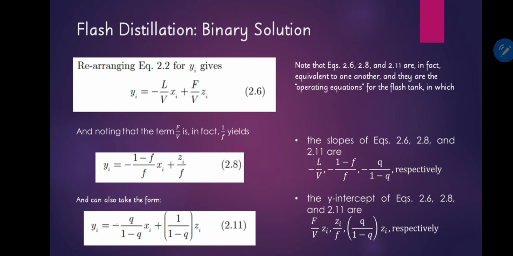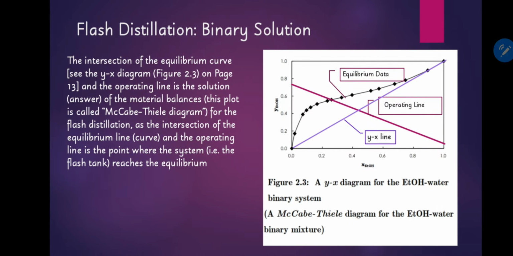And for equation 2.11, that would be negative q over 1 minus q respectively. And for the y-intercept, for 2.6, that is F over V Zi. For 2.8, that is Zi over f. And for 2.11, we have 1 over the quantity 1 minus q multiplied by Zi respectively. These are just the same. It was just expressed differently.